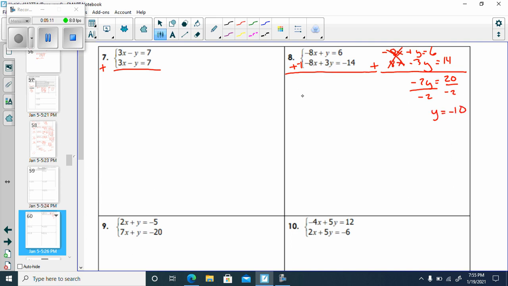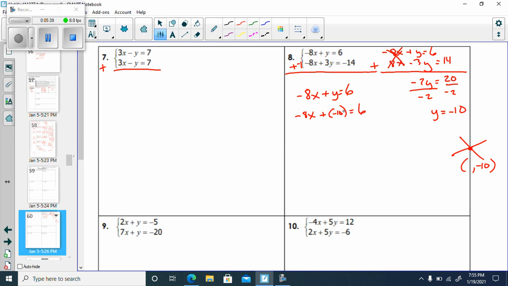To find your x, you'd plug this in. You've got your y, so we need to find the x. You plug it into either one of these. You'd substitute into negative 8x plus y is equal to 6. That would be negative 8x, and plug in our y, plus negative 10 equals 6.